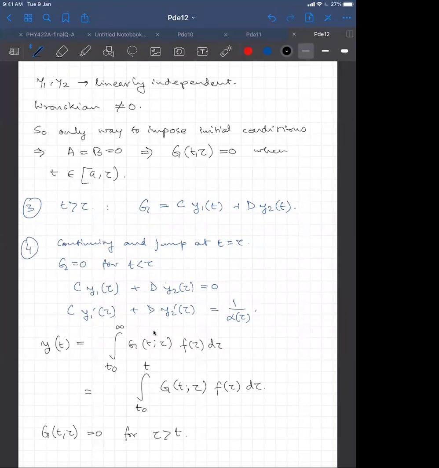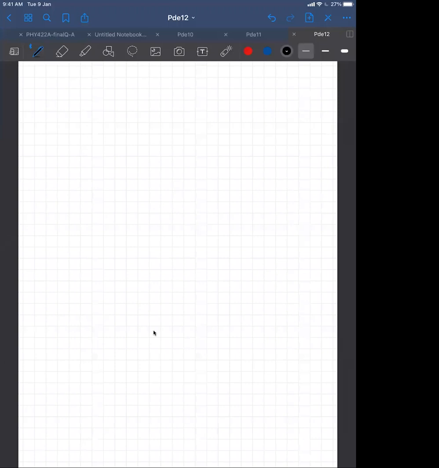Thus, we have something like cause and effect. So this is a causality condition. The value of y at a time t depends only on the forcing function for earlier times, right? So let me write this down.